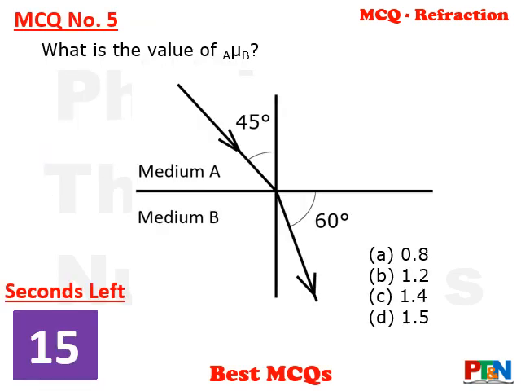Next MCQ. Again from the ray diagram, find out the refractive index of B with respect to medium A. You find out A mu B. Your timer for 15 seconds. You need to do a bit of calculation here. Your timer for 15 seconds starts now.